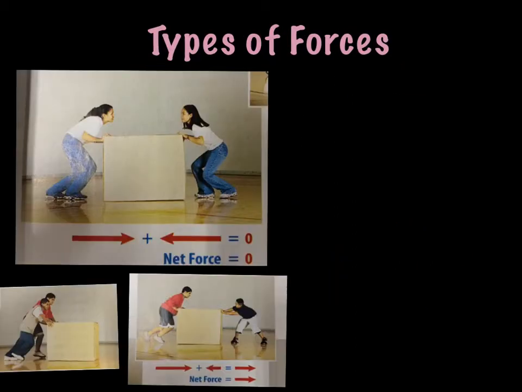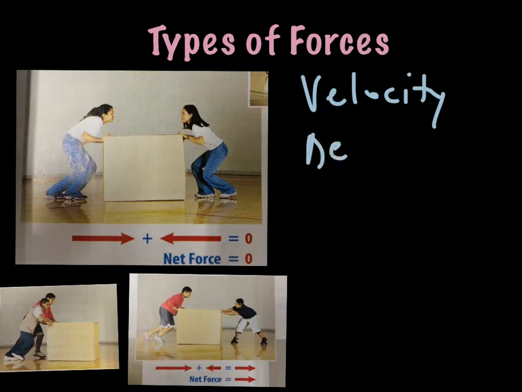Now we're going to talk about types of forces. The first type is balanced forces. Force does not always change a velocity. In the picture, 2 people are pushing equally on opposite sides, so the net force is 0.